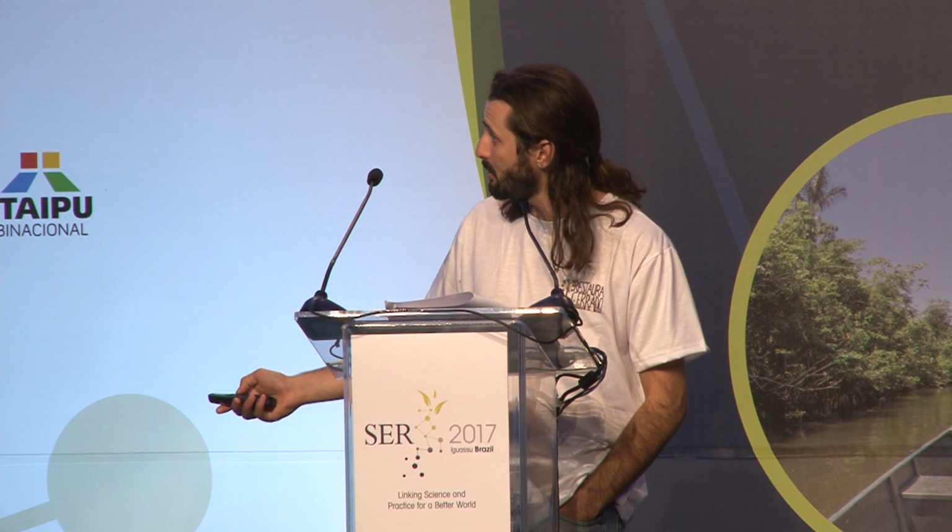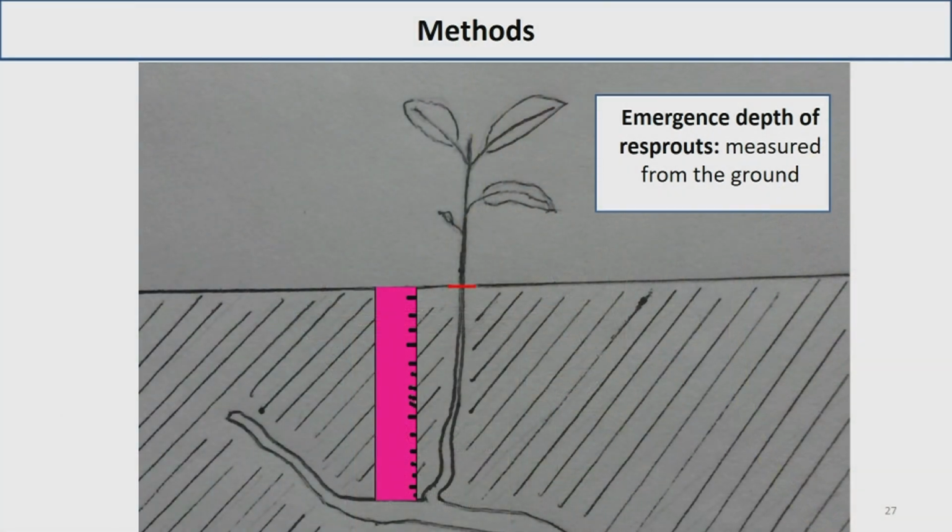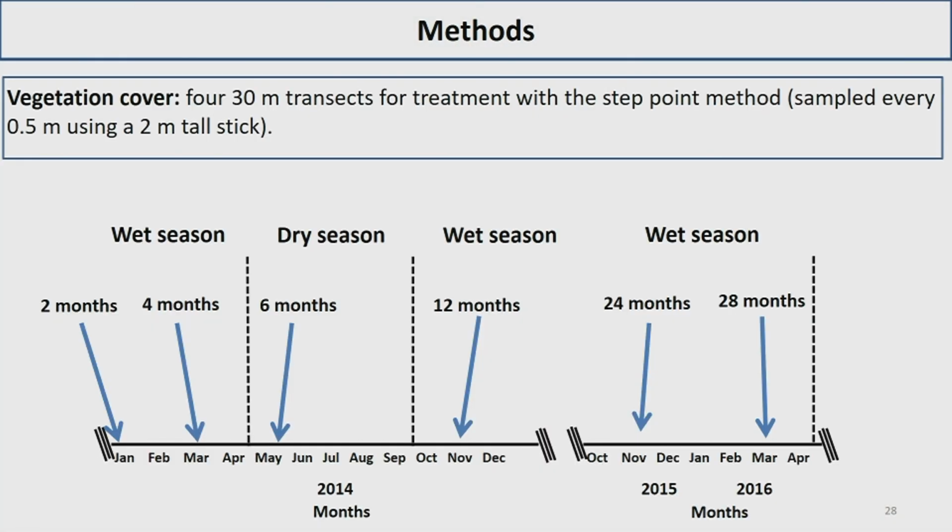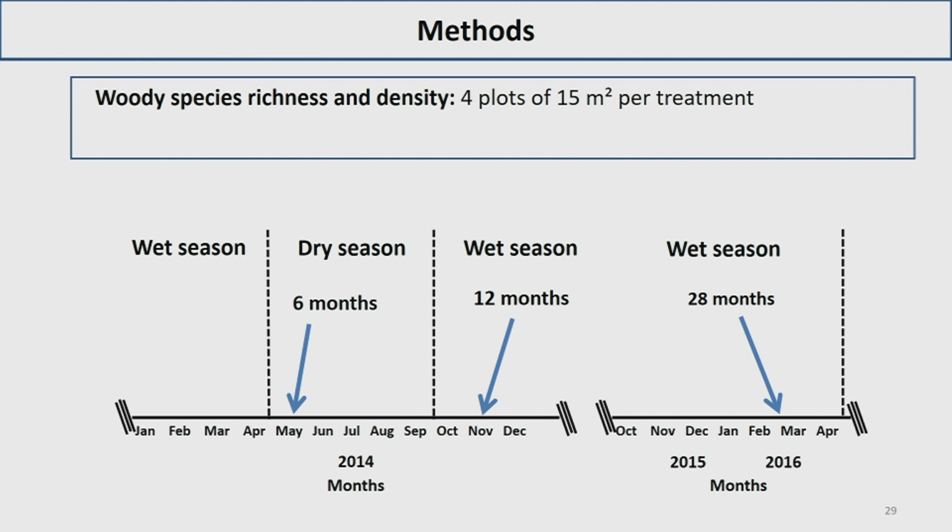I measured the source of regenerative species and the emergence depth of sprouts, so we measured the distance between the soil surface and the sprout organ. At several months, I sampled vegetation cover, richness and density of species.